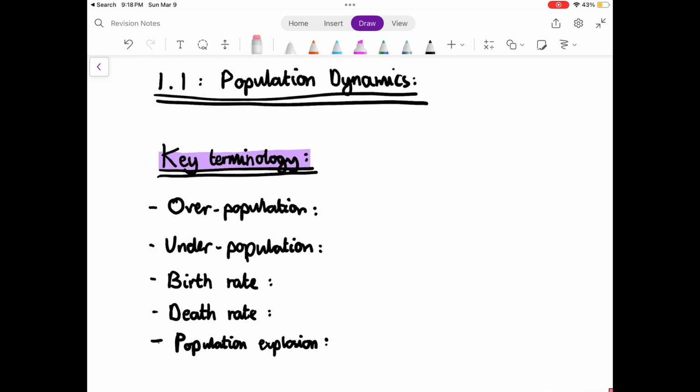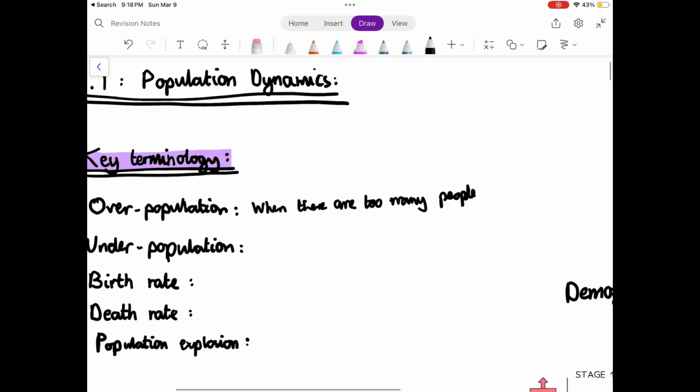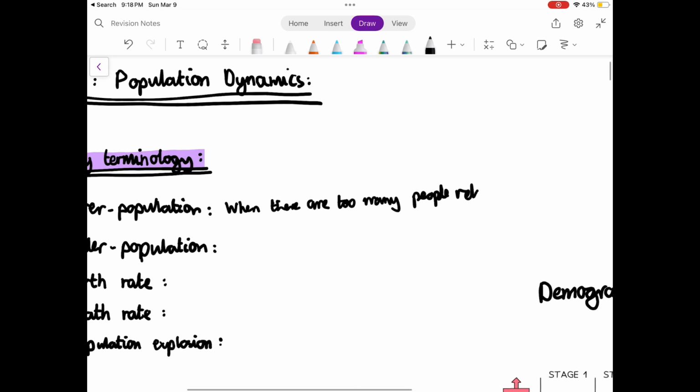The first definition you need to know is overpopulation. This can be defined as when there are too many people relative to the resources available.